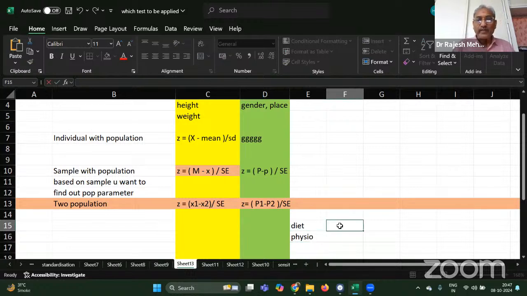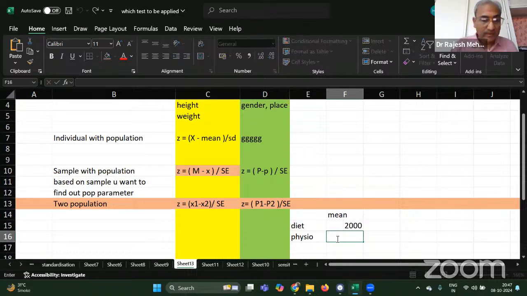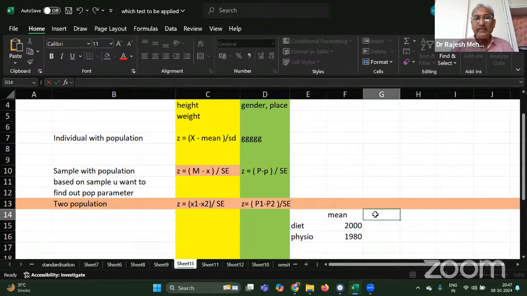And we want to find out weight loss. So mean weight loss, here it was 2000 gram. And with the physiotherapy, the mean weight loss was 1980, right? And then we also found out the standard deviation.